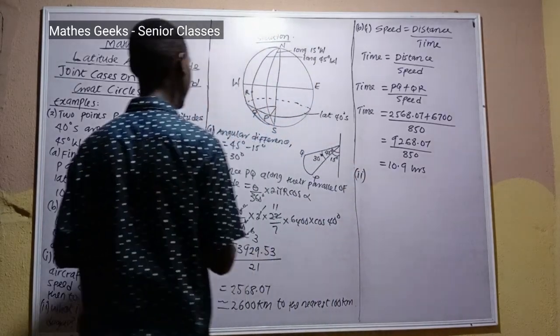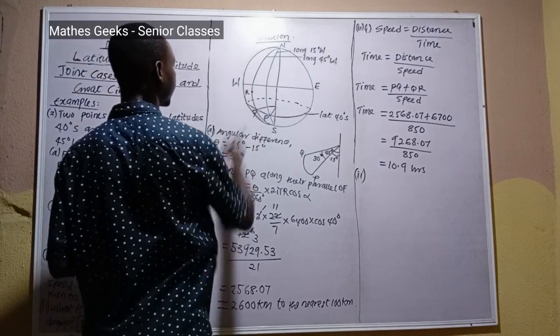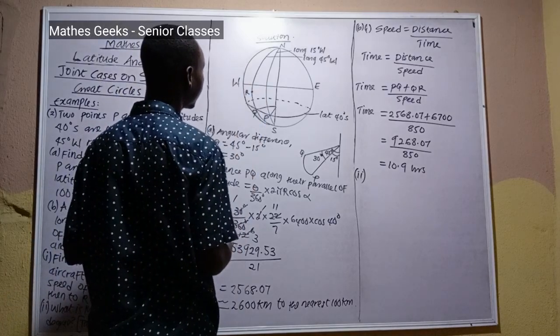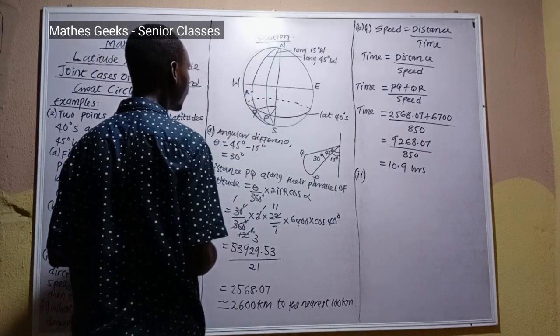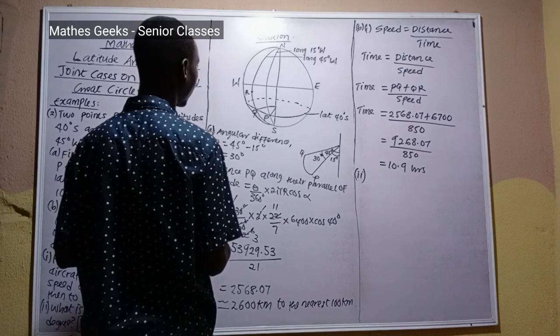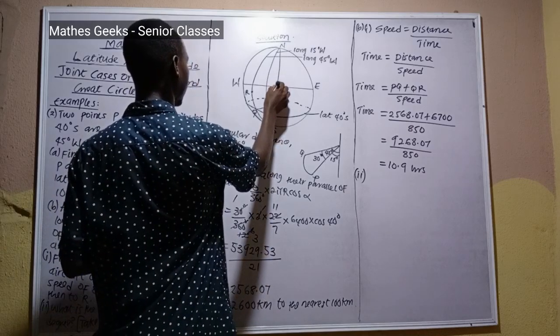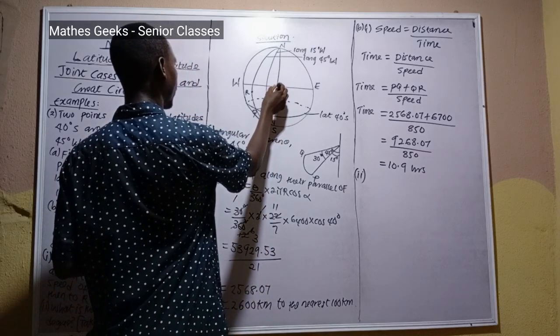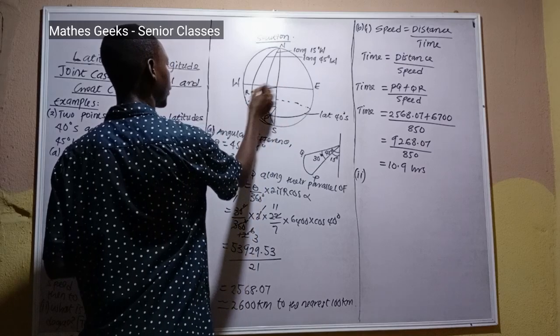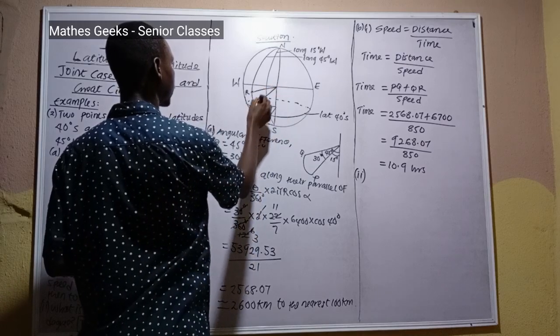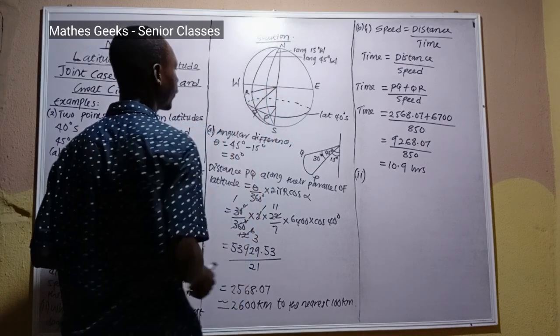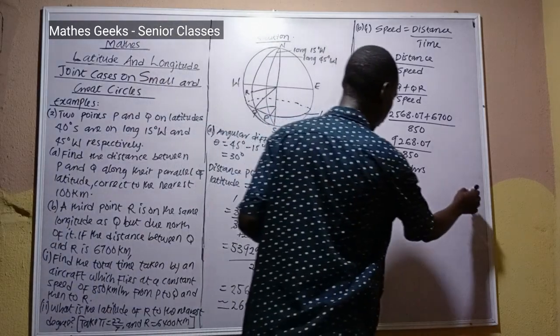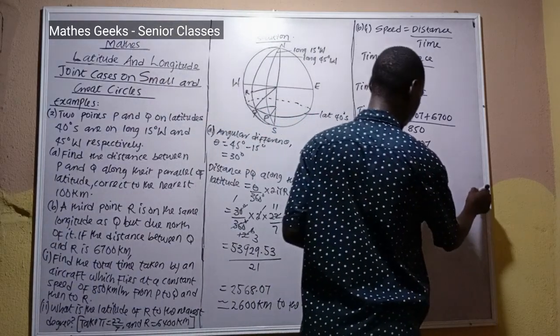What is the latitude of R? Since R is on the same longitude as Q, that means Q and R are on a great circle. So it looks like this.